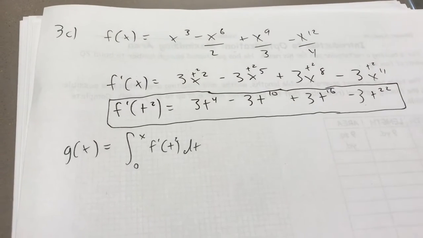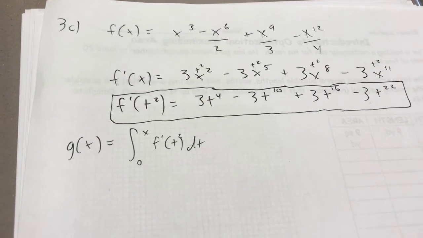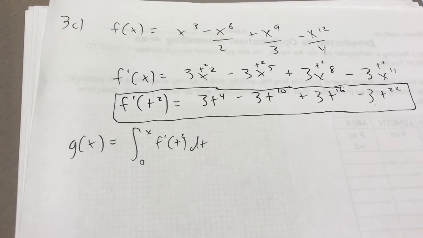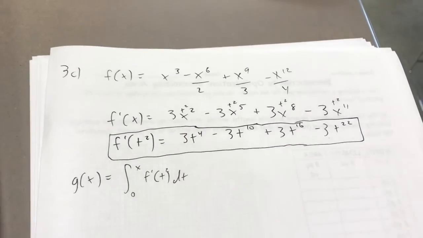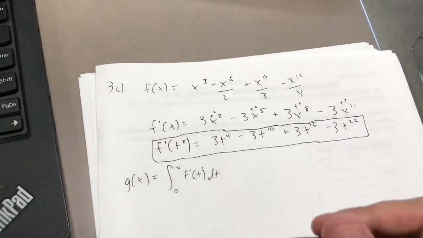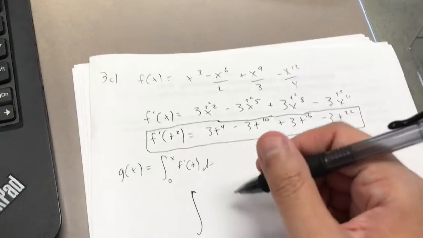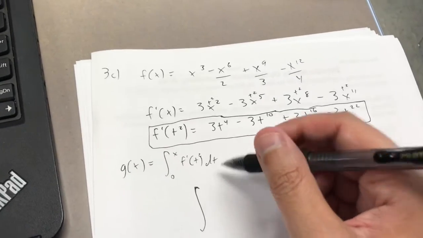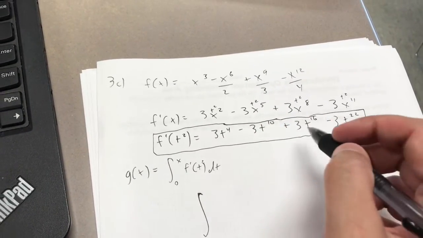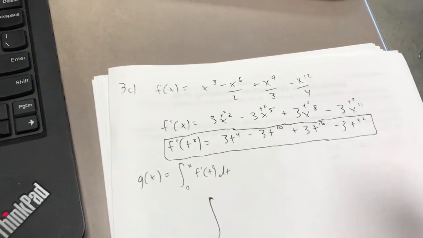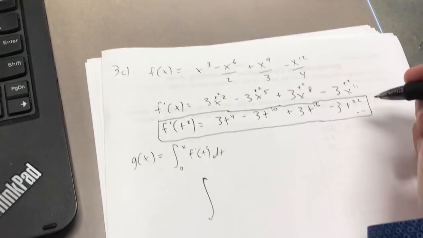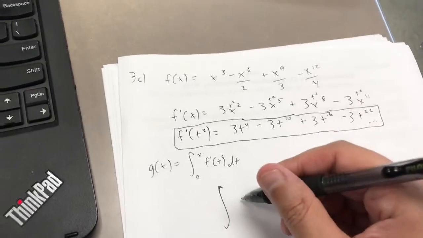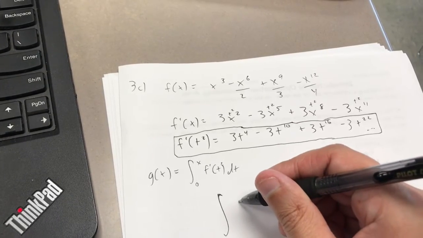Okay, this next part they want us to find g, which is the integral of f prime of t squared. Well, we now have f prime of t squared. One of the great things about series is you take integrals like you normally take integrals. So we're going to just take the integral of this whole thing, and it'll continue out past that 4th term, but we should be able to get a pattern. So raise the power by 1, divide by the new power.